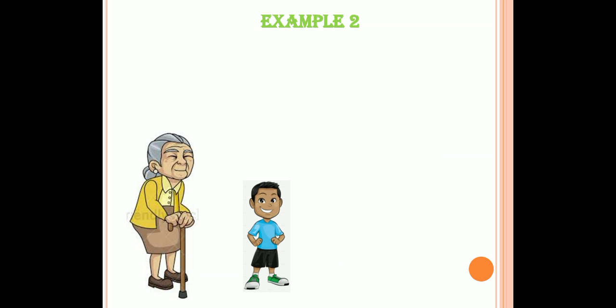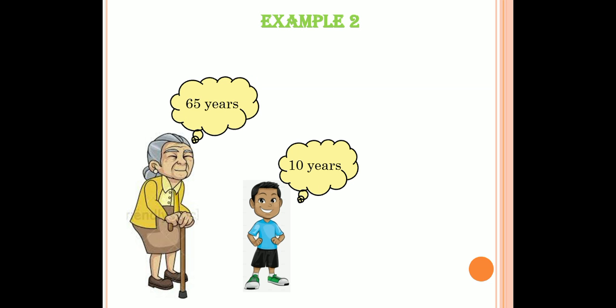Now let us see another example. Now here they have given us 2 people. One is John and the other is his grandmother. Now John is 10 years old and his grandmother is 65 years old. Now let us find out the ratio of John to his grandmother. So when I say John to his grandmother, how will you write it? When I said John first, it means John's age is 10 upon 65.